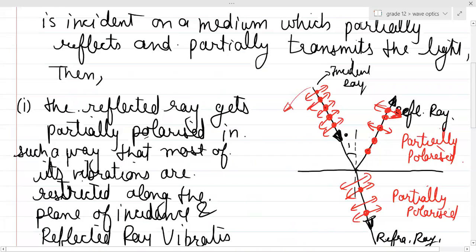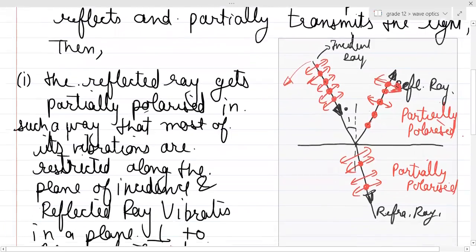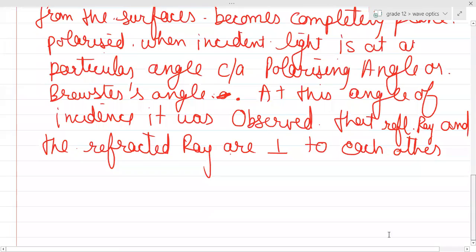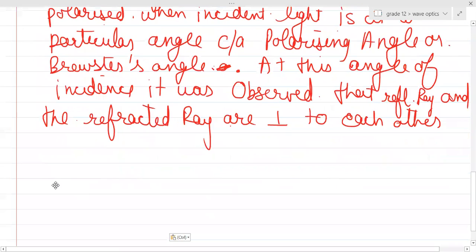So basically guys, what am I trying to say? You don't need to draw this diagram again, right? I'm just drawing this diagram for comparison.